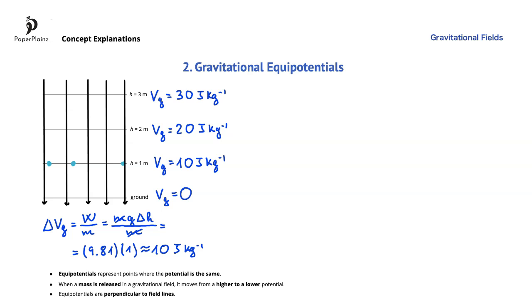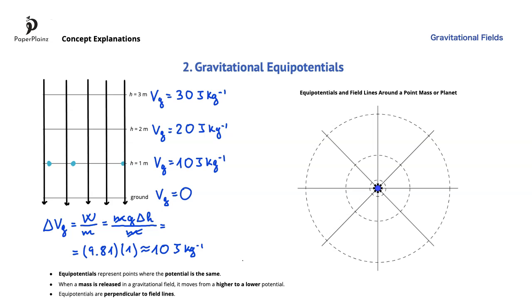Finally, let's see how equipotentials and field lines look around a point mass or sphere, for instance, a planet. So equipotentials and field lines in such a situation look like this. Notice that the direction of the field lines is towards the point mass or sphere, and that the gravitational field gets stronger as we get closer to the mass or sphere.